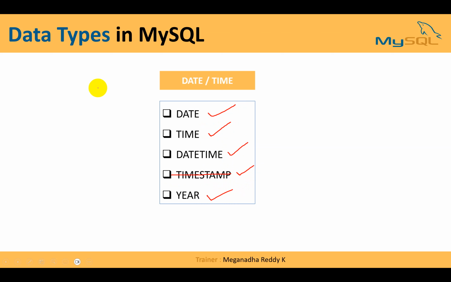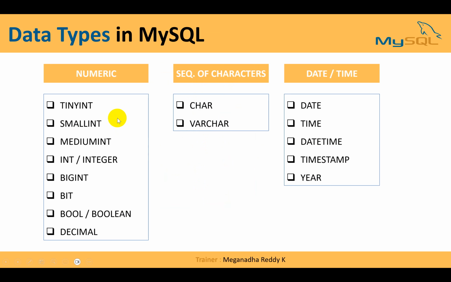So these are the different data types we have for storing date and time: date, time, datetime, and year. Just to summarize, we have learned about numeric data types. Here we have tinyint, smallint, mediumint, integer, int and integer both are the same, bigint, and bit, which we didn't discuss. Let's not worry about it here.